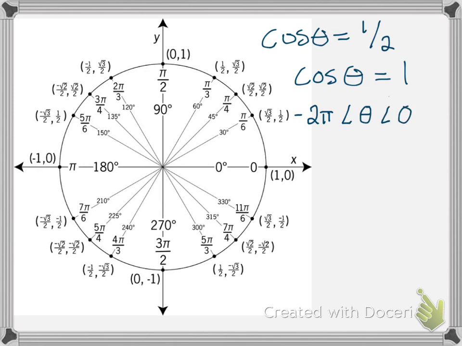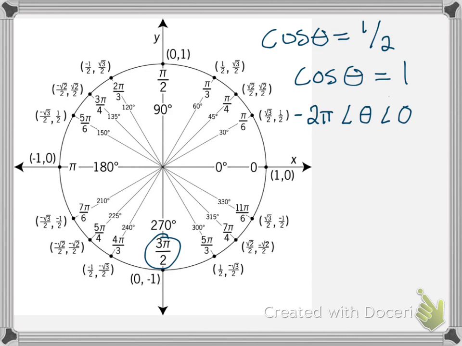On this unit circle, all of these angles, like this one here, going in this direction, are positive: positive pi over 6, positive pi over 4, positive pi over 3, positive pi over 2. The positive and the negative tell us which direction we're going on the unit circle. So if I'm looking at negative 2 pi, I've got to be going the other way.